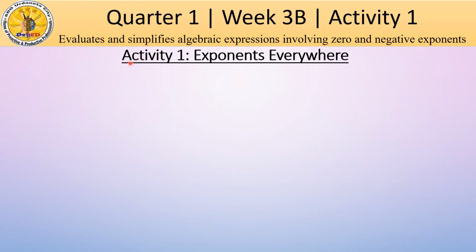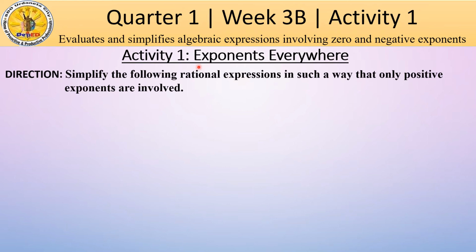Okay, let's have an activity. Exponents Everywhere. Our direction, you're going to simplify the following rational expressions in such a way that only positive exponents are involved. Okay, number 1, we have r raised to negative 2 and s raised to negative 2.